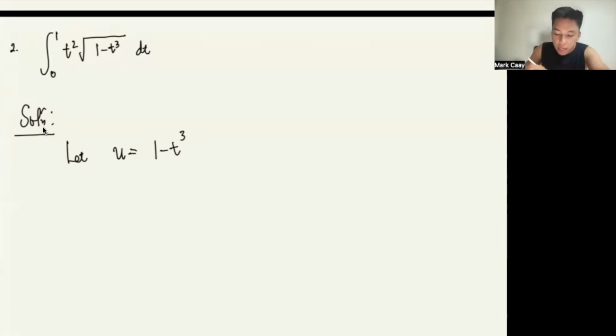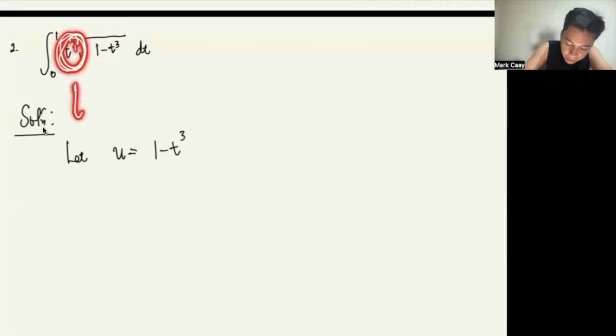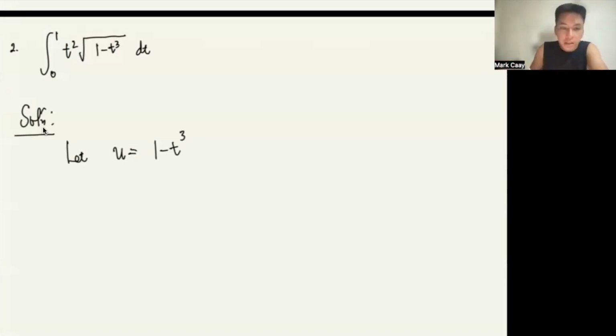Why? Because if this were my u instead, and I take the derivative of this, expectedly your t becomes just t, degree 1. How would we replace that? We would have difficulty simplifying. So in this case, I used this: du is equal to negative 3t squared dt.